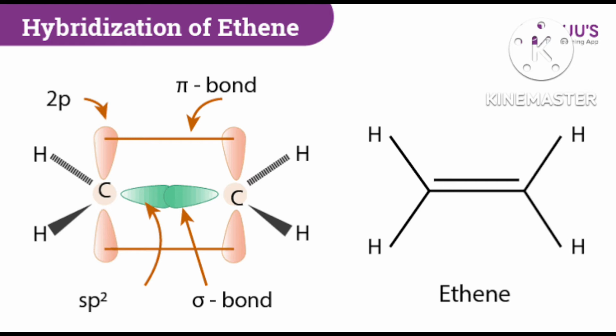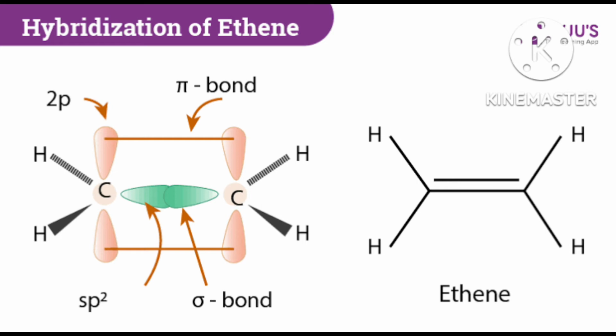I have already sent it in the last two classes, and I will send it again. I have told you about carbon-carbon: in ethene there is a double bond, where one bond is a sigma bond and the other is a pi bond.